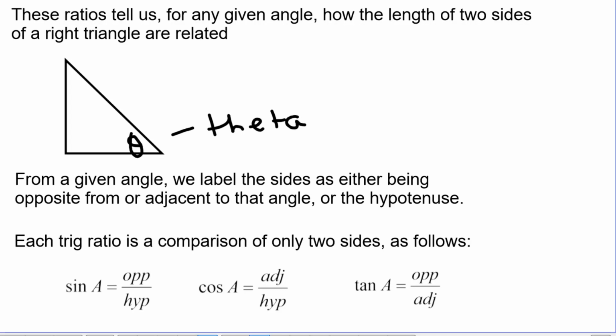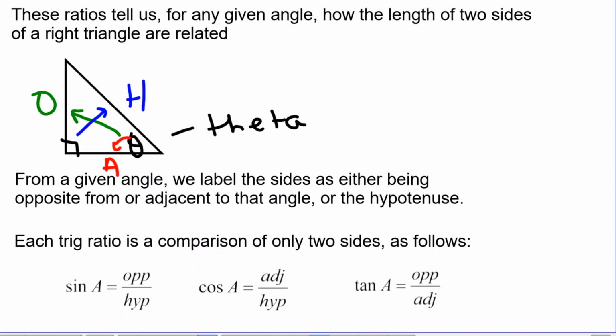So from a given angle, when we're talking about these sides, we want to label the sides as either the side that is opposite the angle we're trying to find, the side that is adjacent to, or beside, the angle we're trying to find, or as we have in every triangle, there's the hypotenuse. That's the longest side. It doesn't matter what angle we're looking for. The hypotenuse is always the side opposite that right angle. It's the longest side of the triangle.